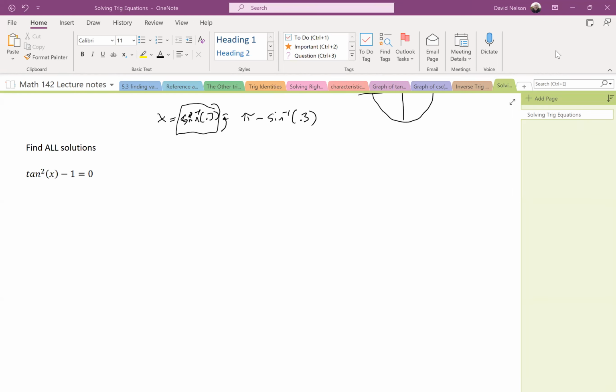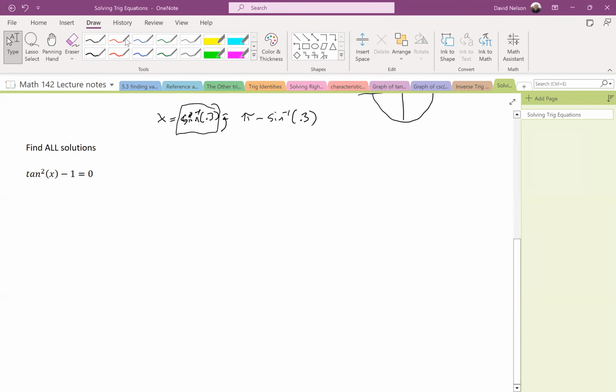So our next question here is to find all solutions to tangent squared x minus 1 equals 0. Again, I want to solve for the tangent, get tangent by itself. This one, we've got a couple of choices, but let's just do this one directly.